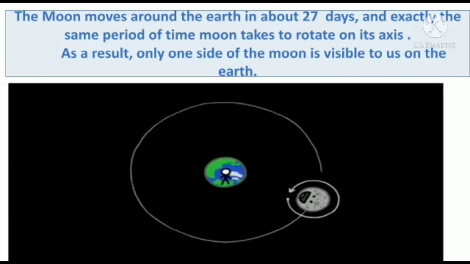The whole mass assumed the shape of a dumbbell, narrow in the middle and broad at the ends, and sometimes we say it was separated from the earth. Earlier it was part of the earth, but it got separated. This caused a deep hollow in the earth, which is now occupied by the Pacific Ocean.